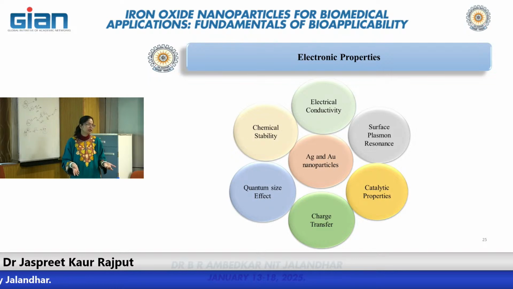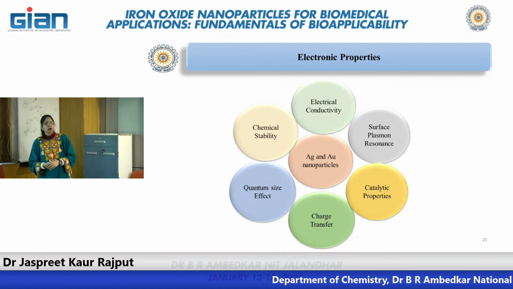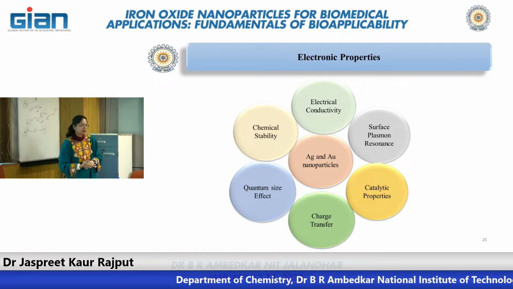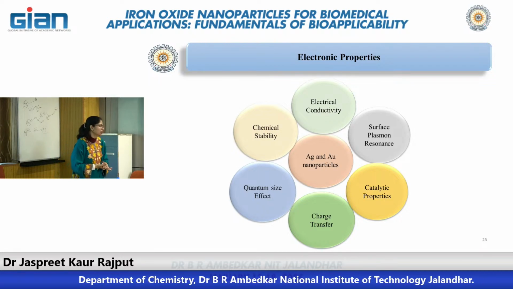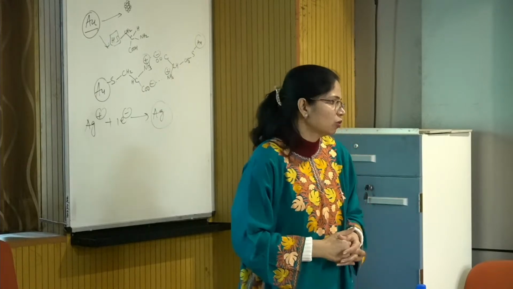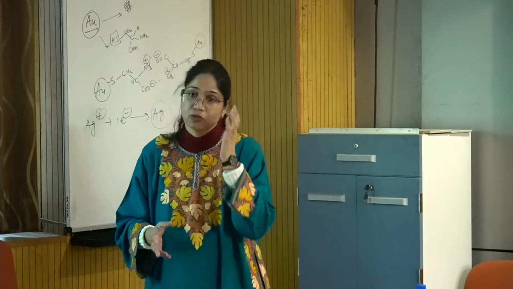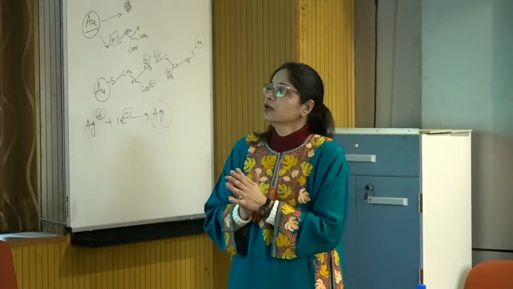Although they are costly, because of this feature they are used in various nanomaterial synthesis. And yes, the quantum size effect: if the size is reduced below 10 nanometer, we can say they have quantum effects also. Catalytic properties and charge transfer are also possible in these.